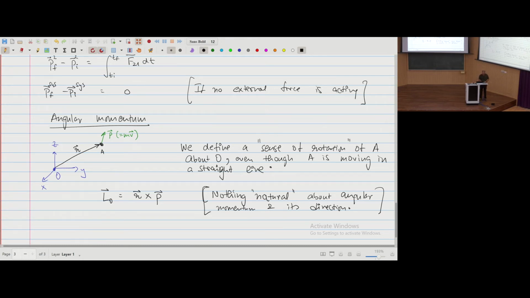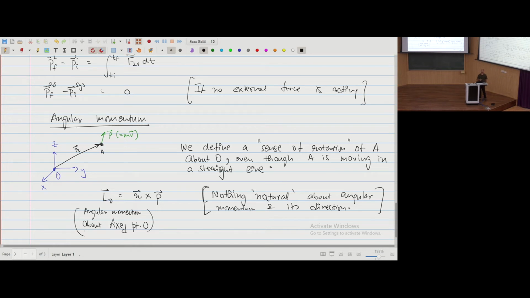This L0 vector is called the angular momentum about a fixed point O. This r cross p, the expression for angular momentum, whenever you have r cross something, it's called the moment of linear momentum. So we'll use these terms interchangeably.